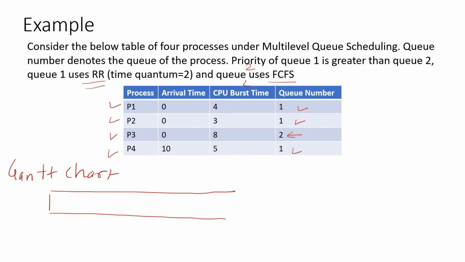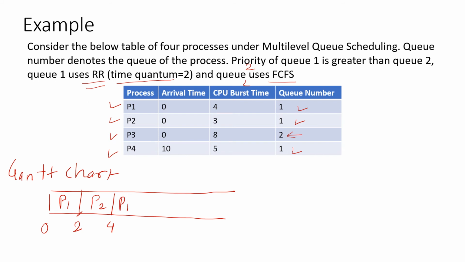At arrival time 0, because the priority of Q1 is more than Q2, initially P1 and P2 will run. What is the time quantum given for round robin? 2. So initially P1 will execute. After 2, P2 will execute, till 4. Then after 4, again what will happen?